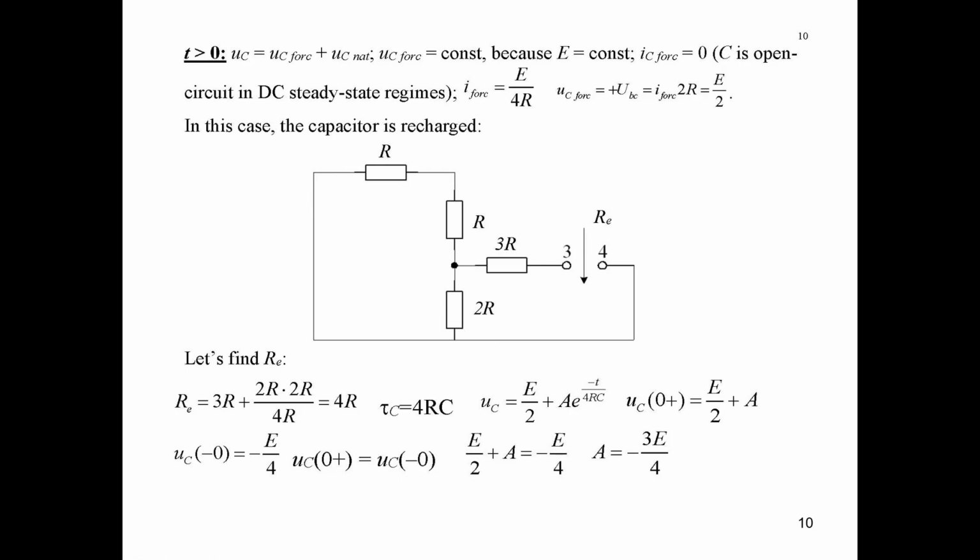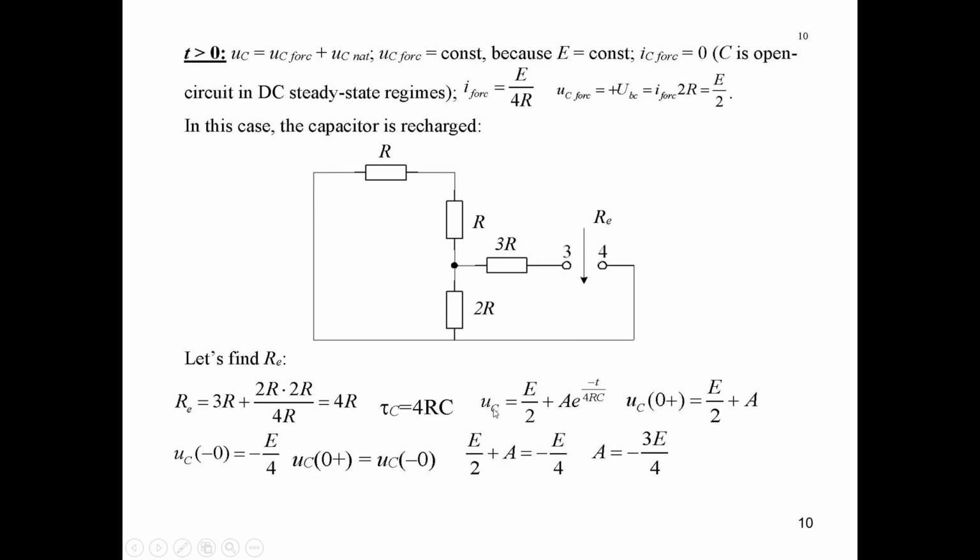It will be equal to R. And this R is connected in series with this 3R. So R equivalent will be equal to 4R. Okay, it is written here. This 3R plus 2R over 2R plus 2R, 4R. So tau C will be equal to 4RC for such a schematic.